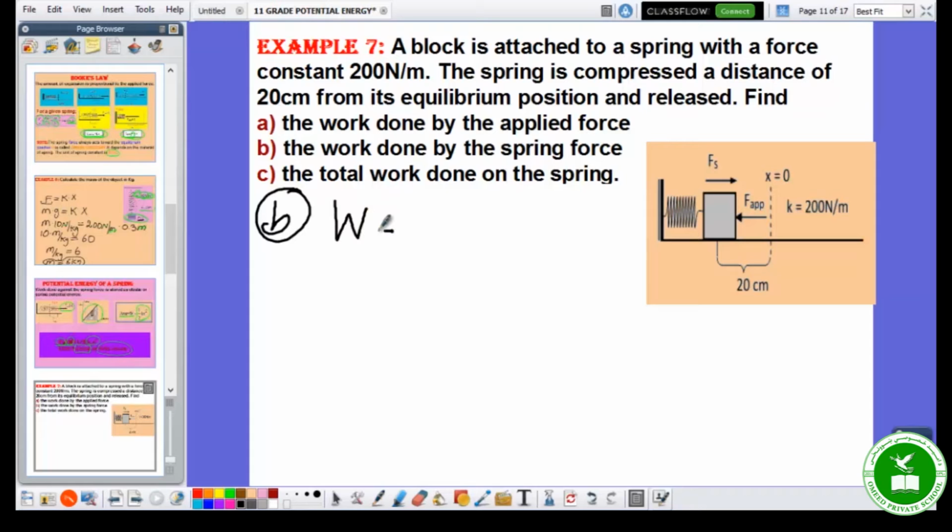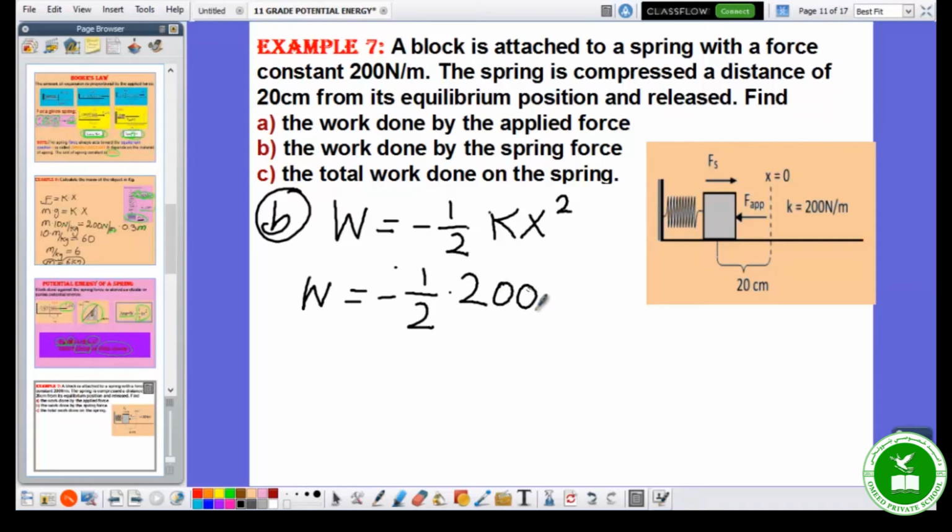Work done by the spring itself, let's take it as minus 1 over 2 kx square. Work done is equal to minus 1 over 2 into 200 Newton per meter times 0.2 meter whole square, and finally work done is equal to minus 4 joules.